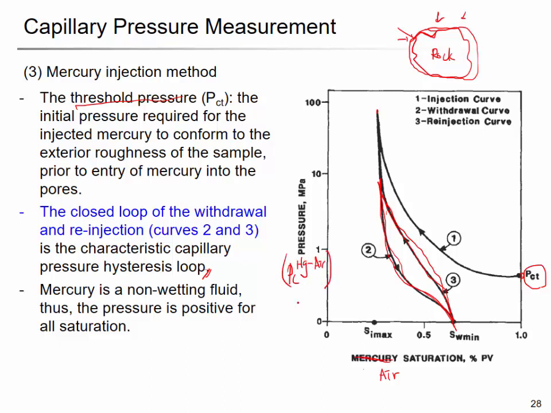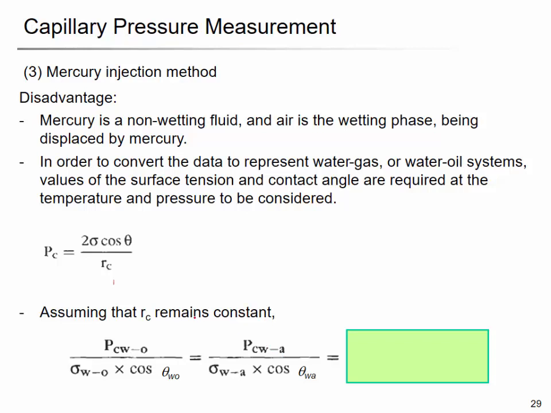And to apply for the reservoir condition, you want to have the capillary pressure for the oil and the water. Right? So you have to convert it from this mercury and air capillary pressure to the oil and water capillary pressure. So then you need to know the surface tension and the contact angle for the rock core.